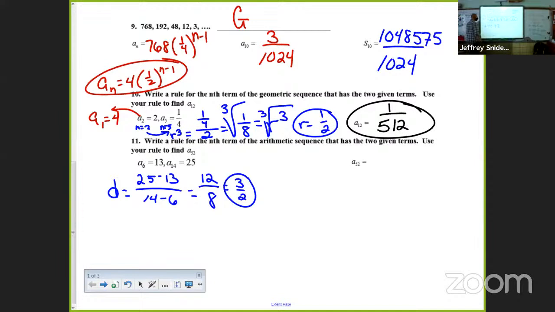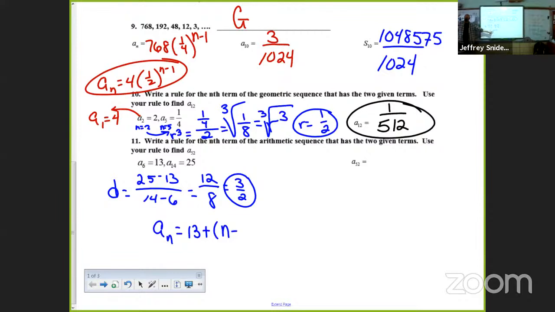So now, what do I know? A sub n equals... I don't have to write this with the first term. I will allow you to write it with any term you have. I'm going to use this one, and I'm going to put 13 plus n minus what?